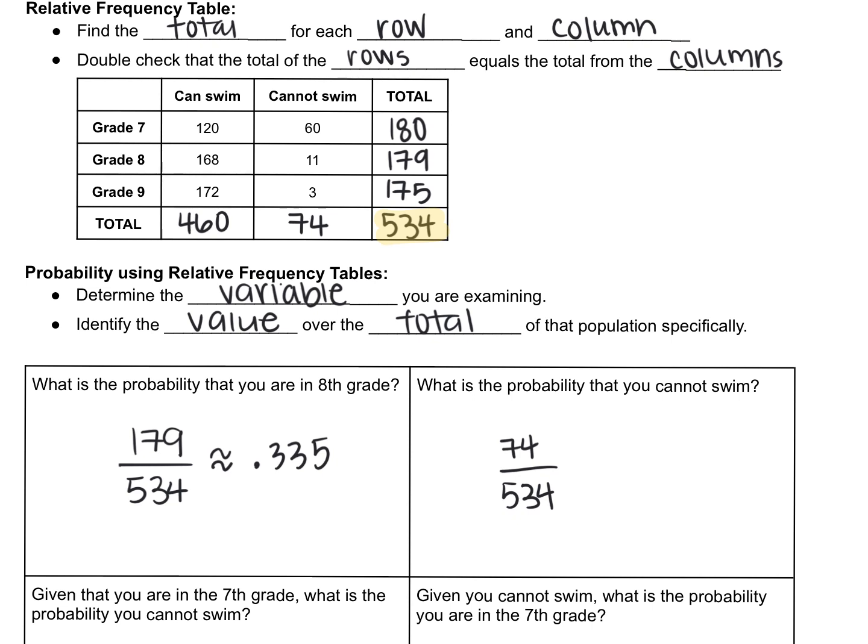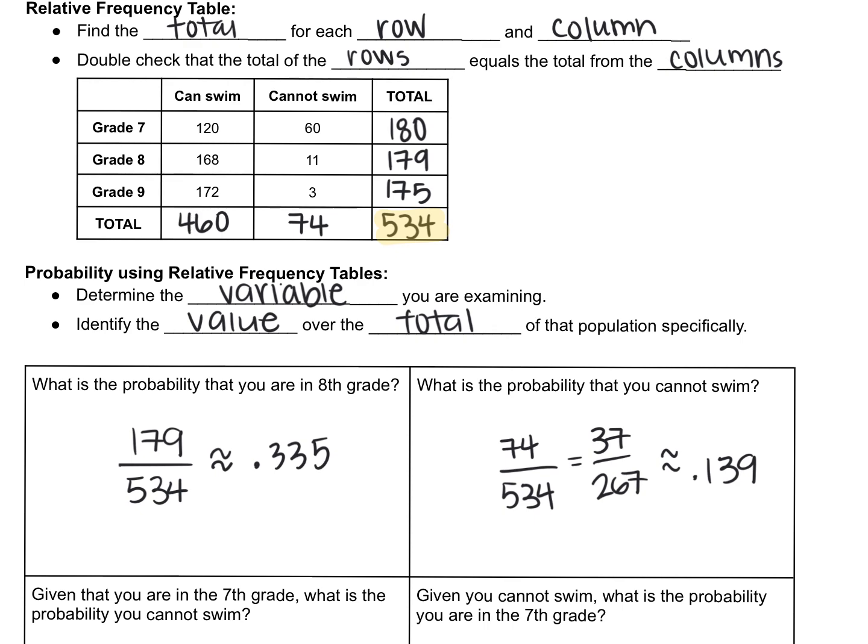So I'm going to get 37 over 267 as my exact fraction. And if I wanted to do it as a decimal, it would be about 0.139. So those are your very straightforward probabilities, finding the total from a specific row or column, or maybe a specific value, and putting it over the total number of people.